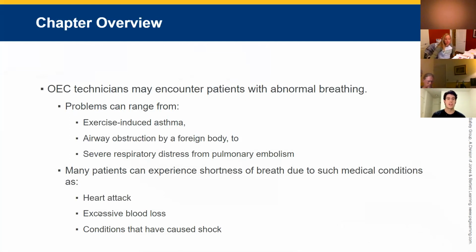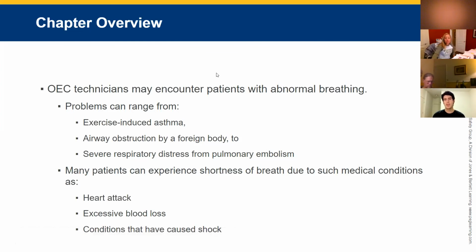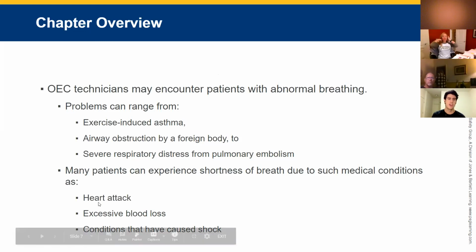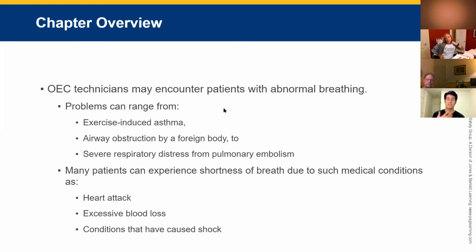Something like a heart attack makes your body feel like you need more air because you're not getting enough oxygen through your blood, but it's more of a blood and heart issue. It's not really a lung issue. So just because someone has shortness of breath doesn't mean there's always something wrong with their lungs. It could be a lot of systems. Heart attacks, blood loss, shock will make people breathe really fast. They feel like they need more air because their body's not getting enough oxygenated blood.